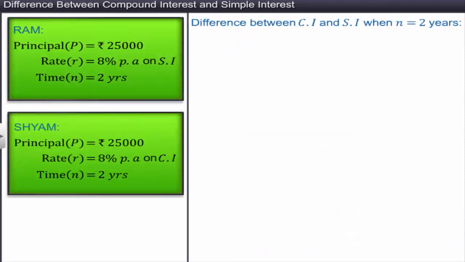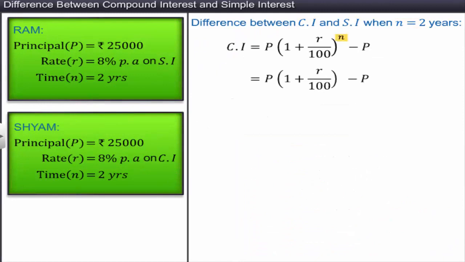Let's now derive a formula to determine the difference between the compound interest and the simple interest when the time period is 2 years. The formula to compute compound interest is as shown.